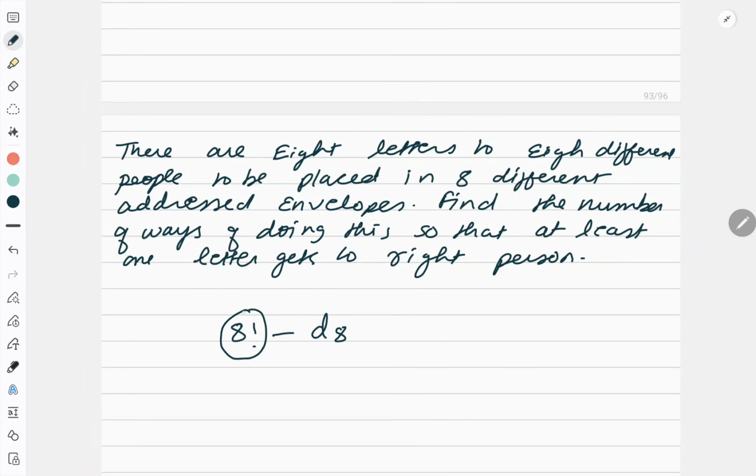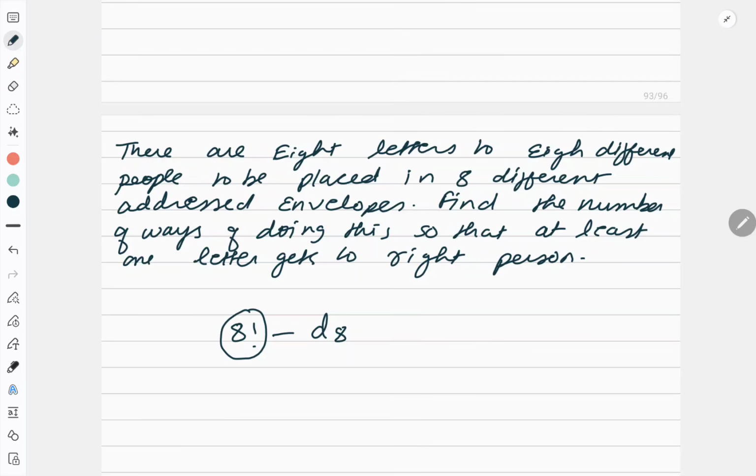So 8 factorial gives all the possibilities. Letter 1 is going in the first envelope, letter 1 is going in the second envelope, like that. And what is the derangement I am subtracting? So the remaining can have a correct one, because I won't count an arrangement in a derangement. Suppose 1 is not going at envelope 1, 2 is not going at envelope 2, but 3 is going at envelope 3.